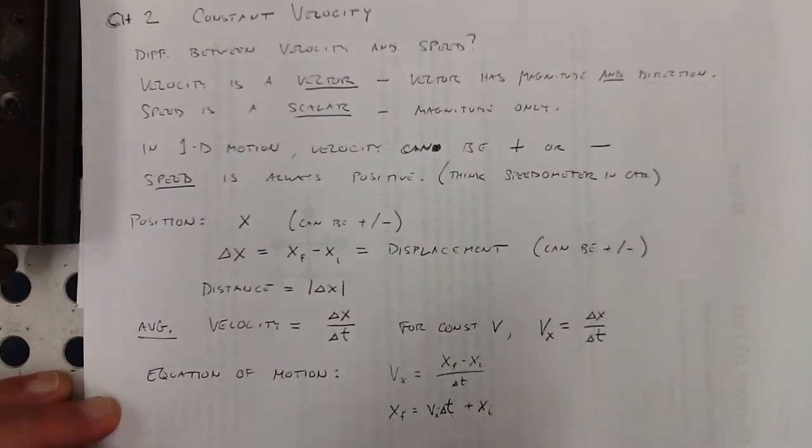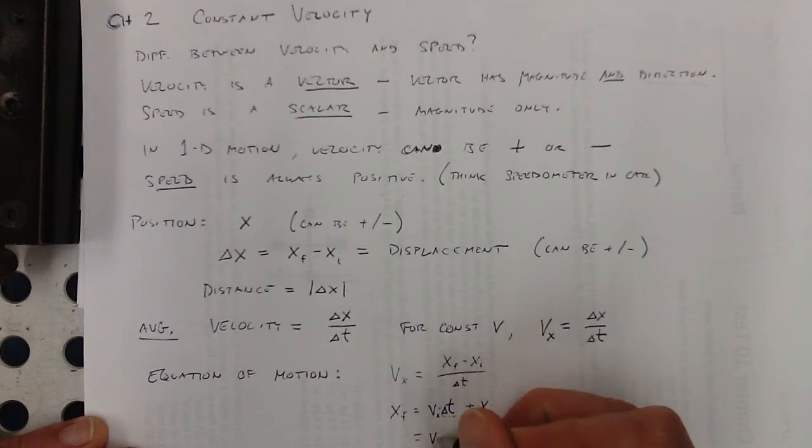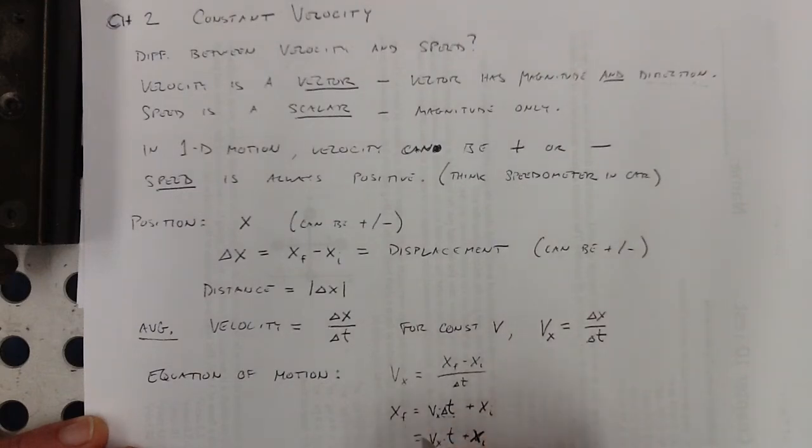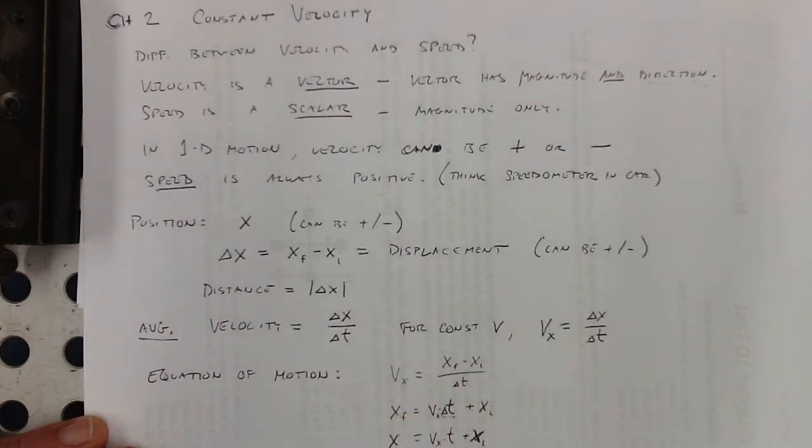But then if we say, okay, let's say time started at 0, so delta time is actually like your stopwatch reading, then that would just become time. And then instead of having my x final, it could be like a real-time location of where we are.